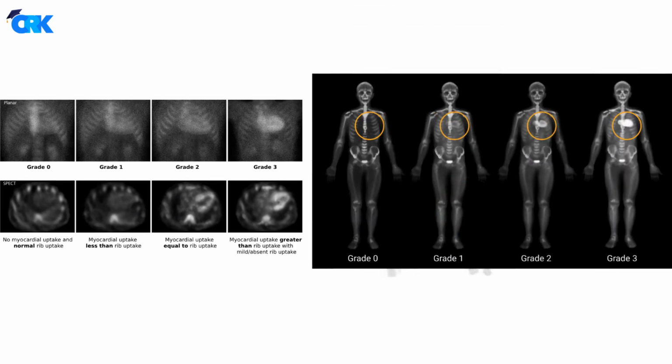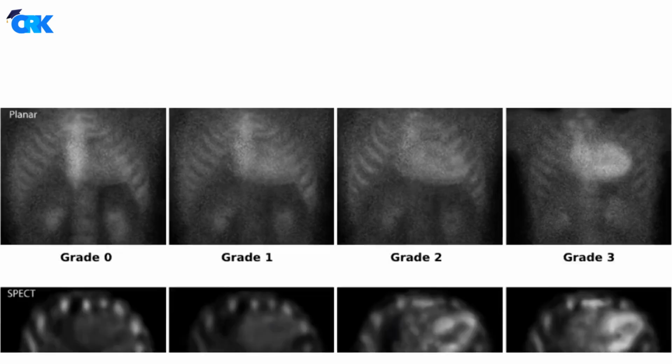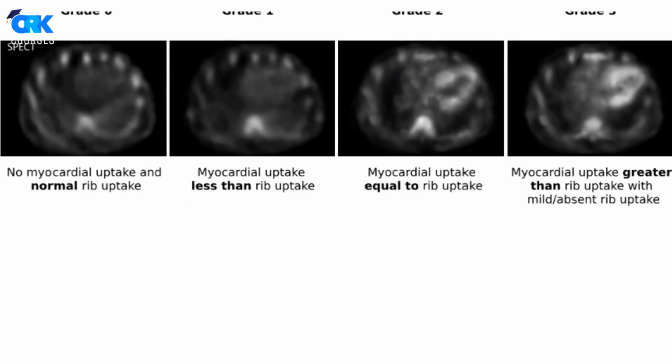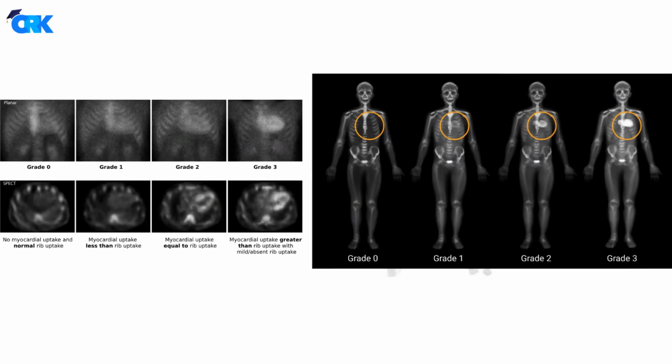These gradations are visualized in this figure, which includes anterior planar chest images, SPECT cardiac images, and whole-body planar images. Each modality captures the progressive myocardial tracer retention from grade 0 through grade 3.